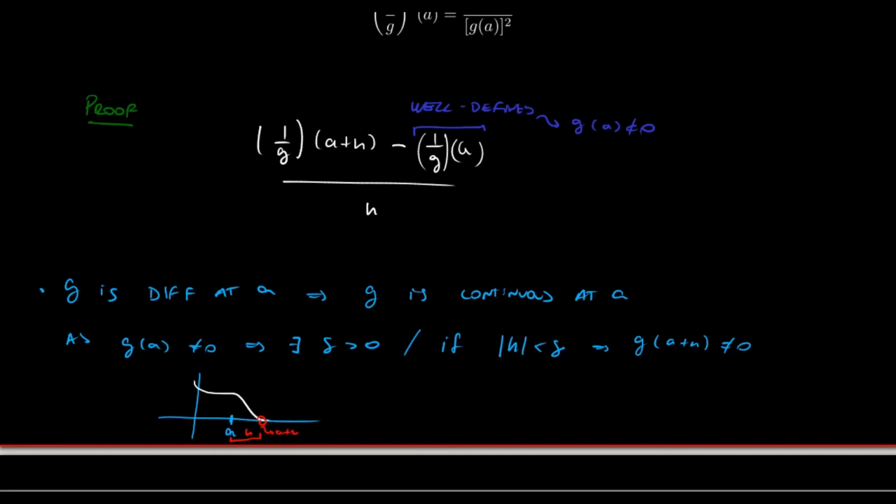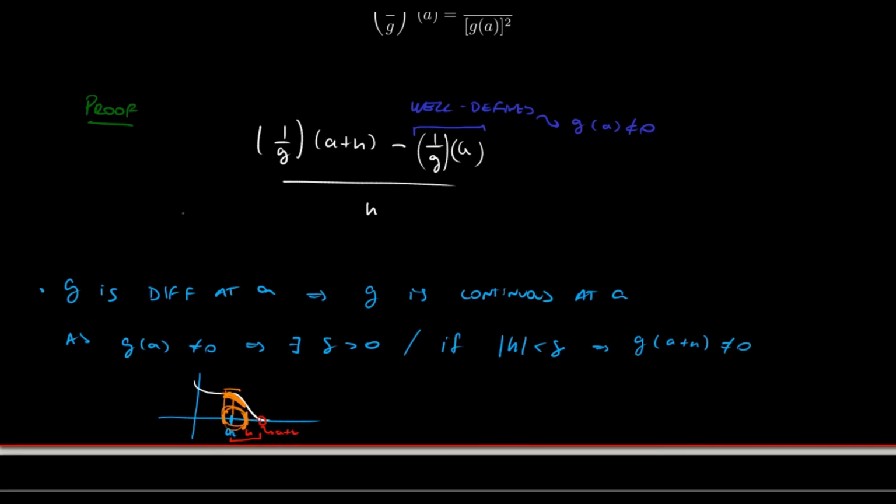Well, but because g is continuous, we know that there exists a delta such that I can take just this interval and my function will never be 0. And as we're taking the limit when h tends to 0, then we are taking h small enough to fit in this interval.